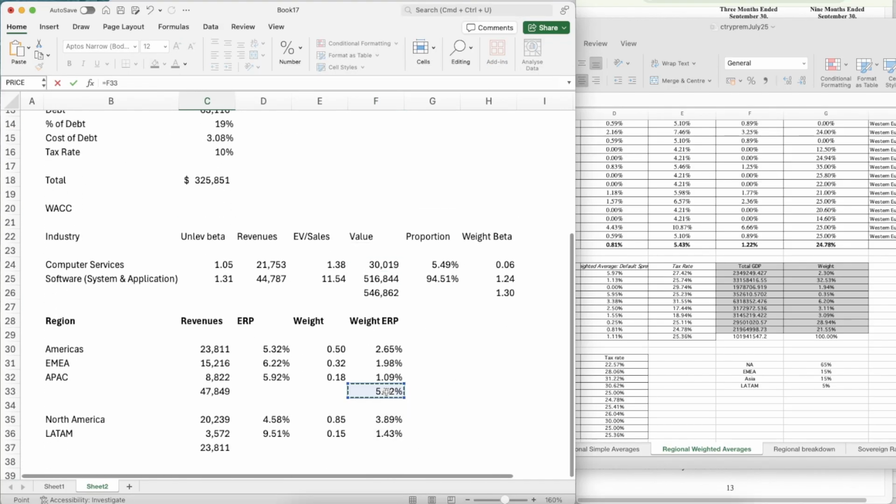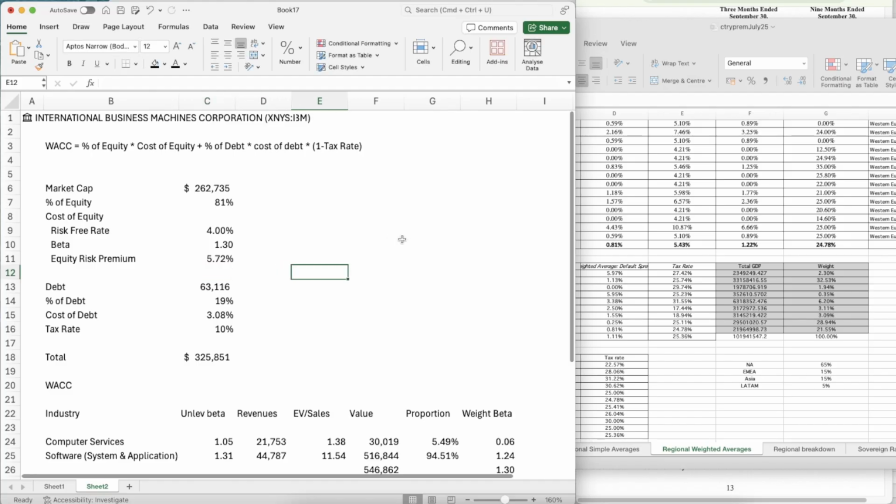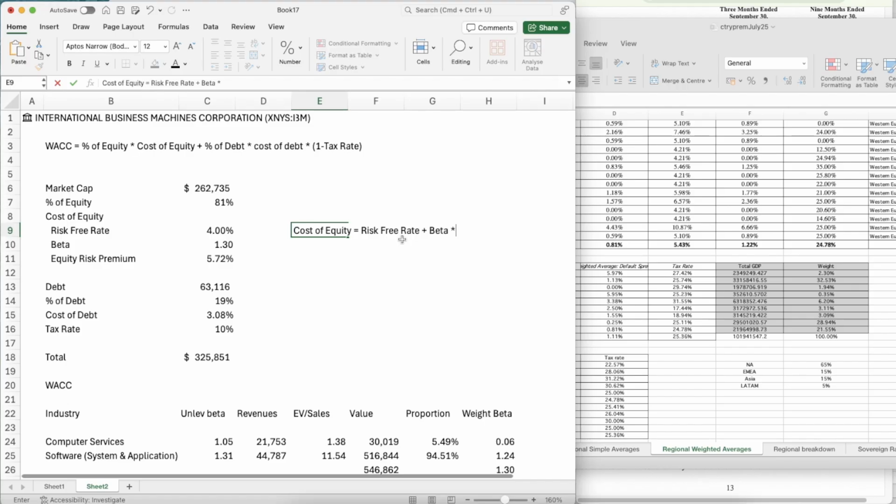Now, the cost of equity equals your risk-free rate plus your beta multiplied by your equity risk premium. So we go equals risk-free rate plus your beta multiplied by your equity risk premium. Percentage, there we go.